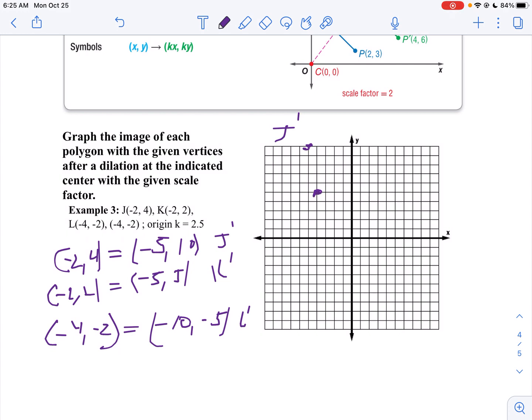And I'll do L prime, which is at -10 and -5. And there's my new triangle. Let's take a look at another one.